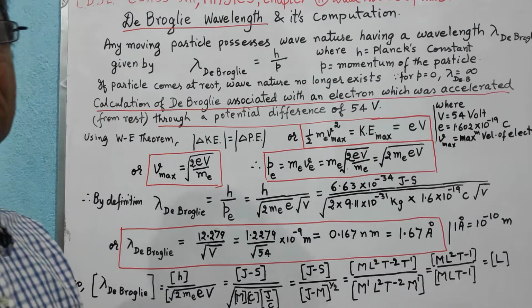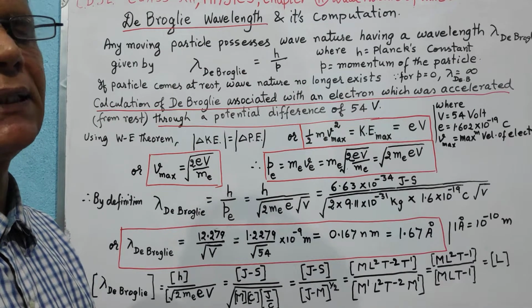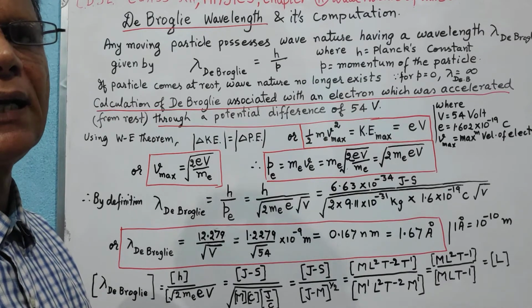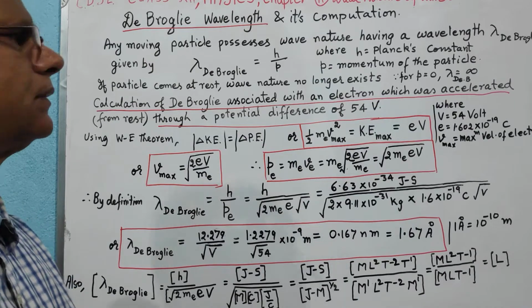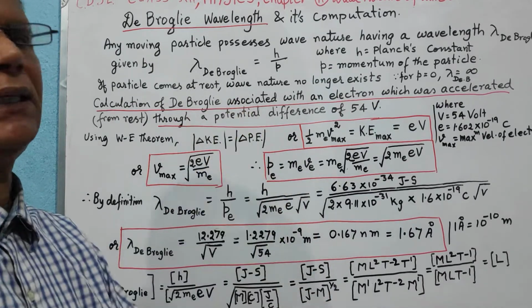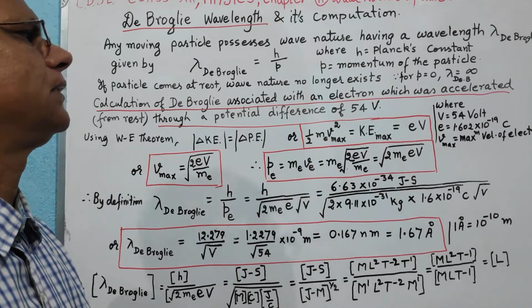It is named after its inventor who introduced this concept, Mr. de Broglie, and he calculated and proved theoretically that a wavelength is associated with any body, any matter, any particle moving with certain velocity.